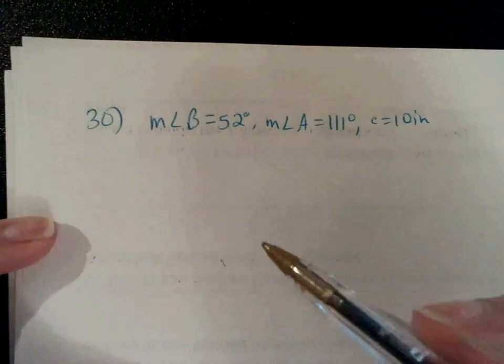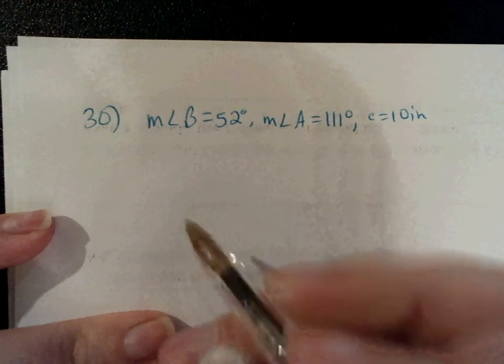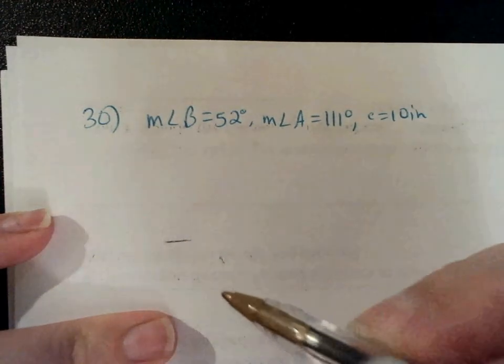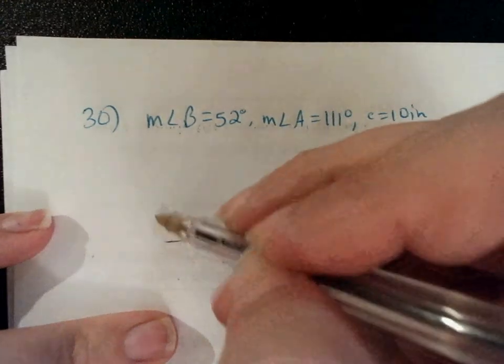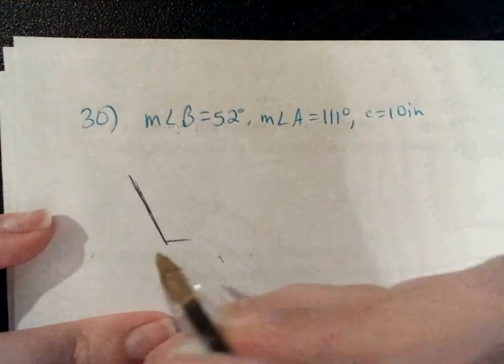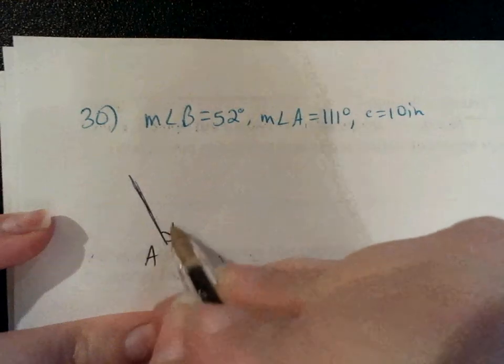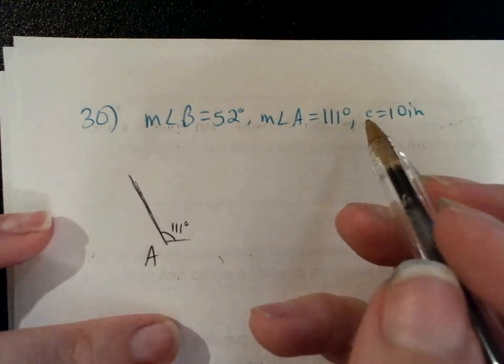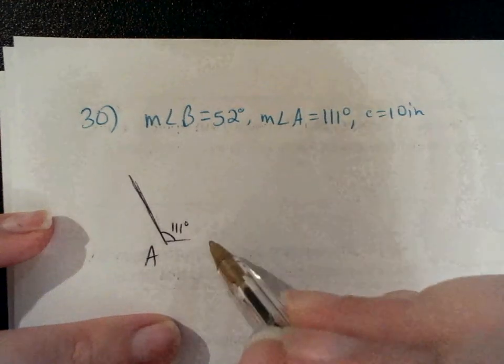Personally, I always like drawing the obtuse angle first, so I'm going to think about 111. So if I've got the horizontal and then here's 90, so 111 is somewhere in here. I'm going to let that be angle A, 111 degrees, and then I'm going to think about what side length I have. I have C, which is 10 inches.